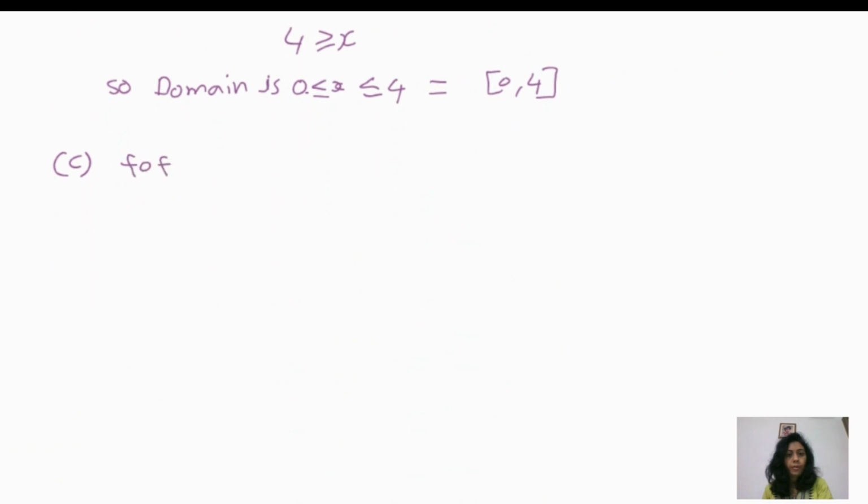Okay. Now C question, f o f (x). What is our f(x) function? Square root x. Okay, f(f(x)). What is the f(x) value? So we can replace the f(x) value with square root x.